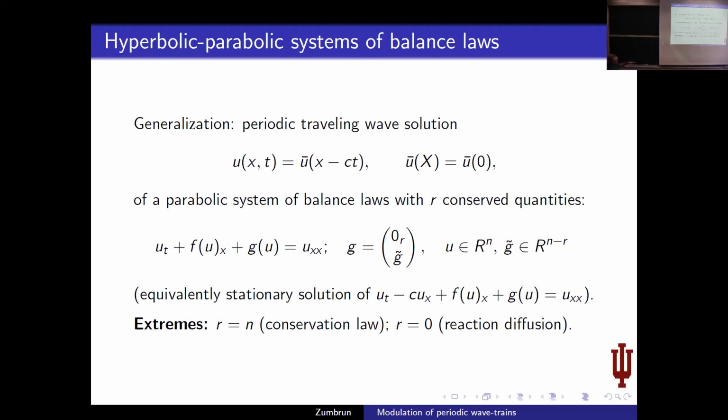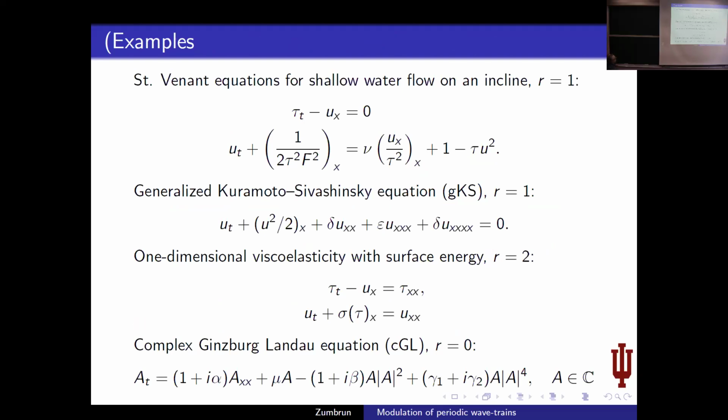The extremes are, of course, if R equals 0, there are no conservation laws. That's the case we just treated, reaction diffusion. R equals N is conservation laws, there are no reactions. But there can be all sorts of things in between. For example, here are the Saint-Venant equations for shallow water flow on an incline.